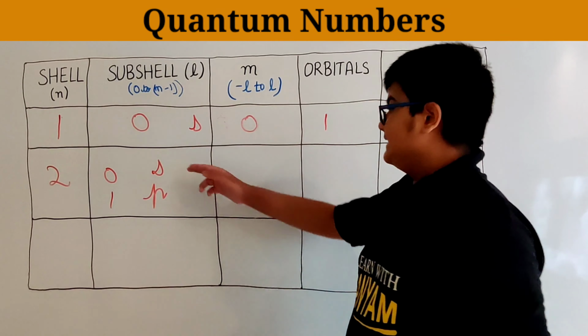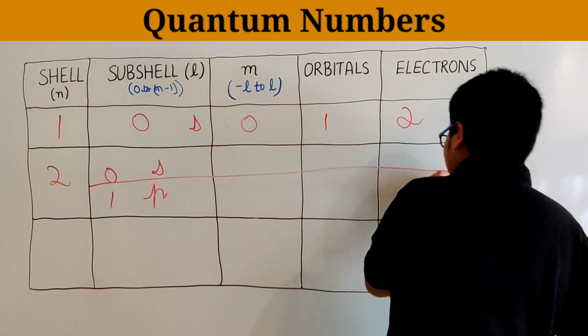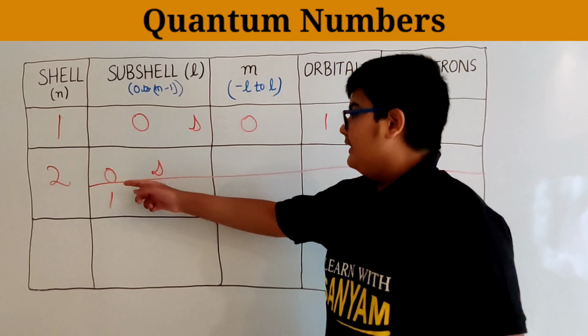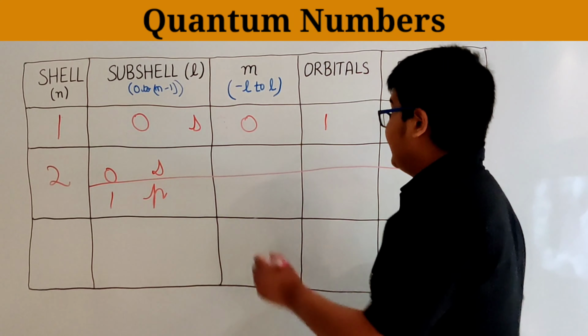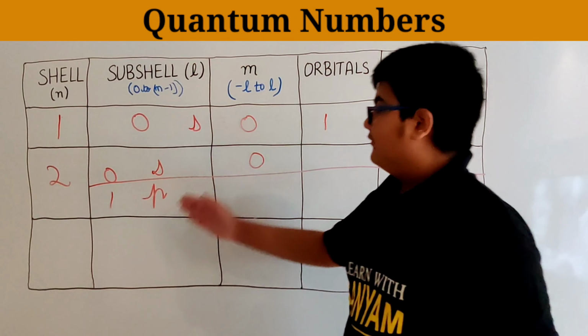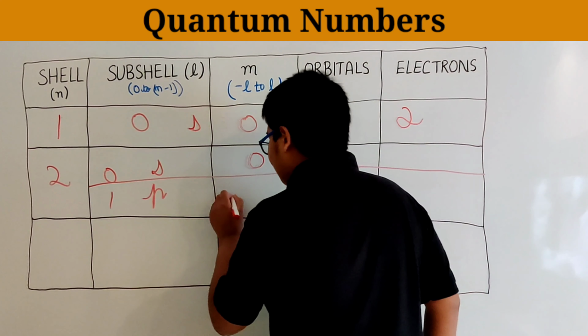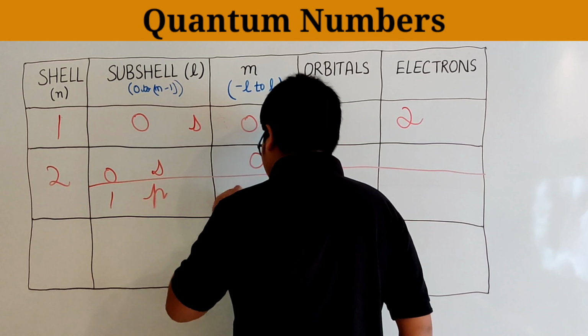And again, let's see the magnetic quantum numbers for both of them. For l is equal to 0, again we will have m is equal to 0, and for l is equal to 1, we will have m is equal to -1 to +1.